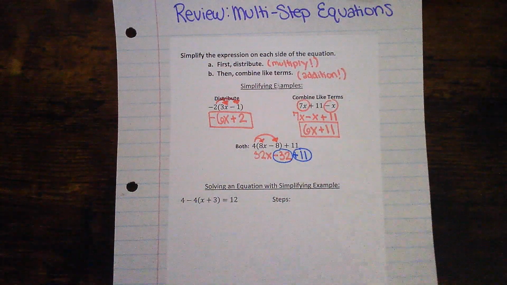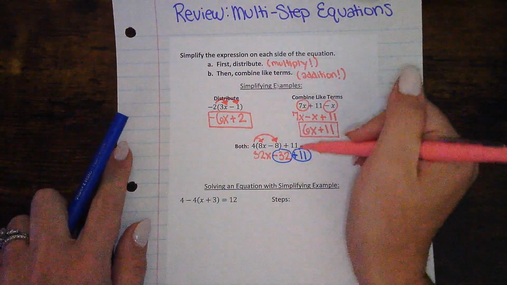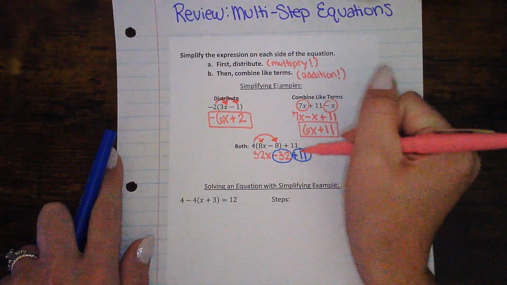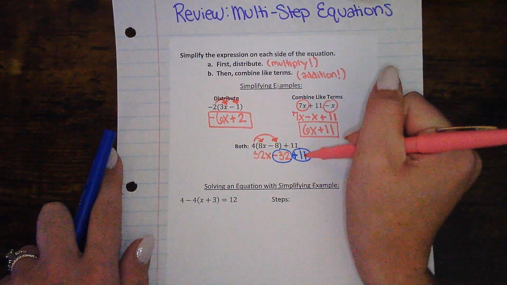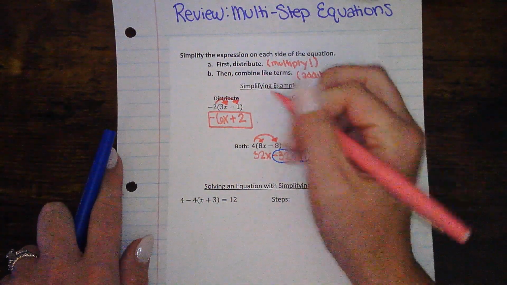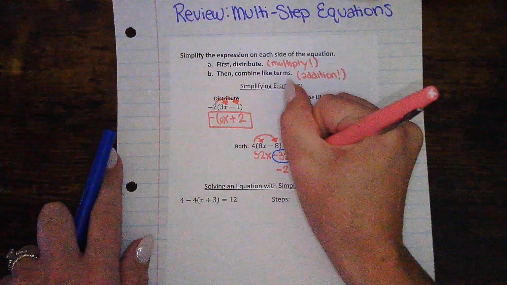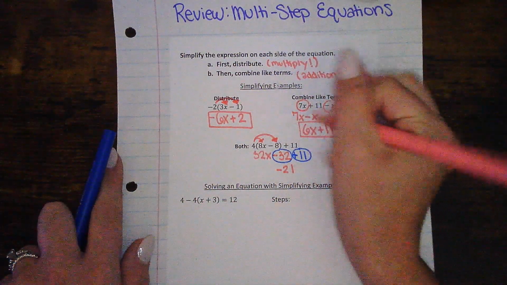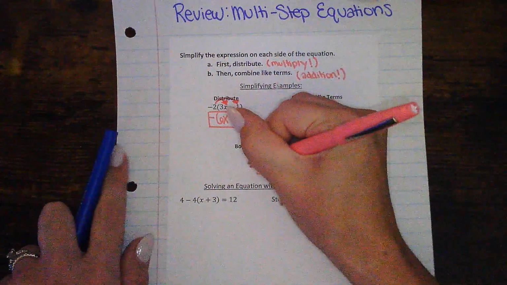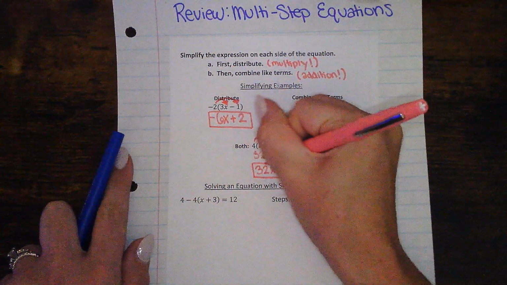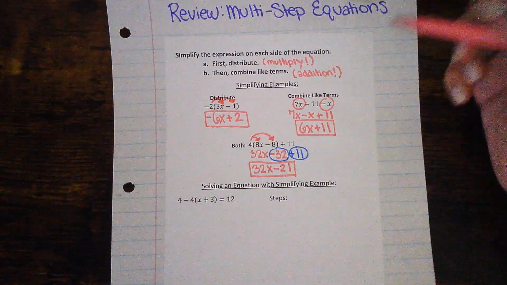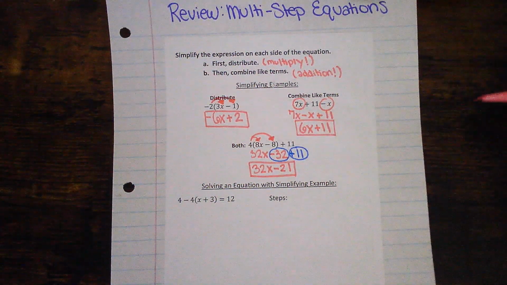So -32 plus 11 is like doing 32 minus 11, which would be 21, and there's more negatives, so this becomes -21. -32 plus 11 is -21. I would drop down 32x, and this is as far as I could go in simplifying that expression because these are not like terms.